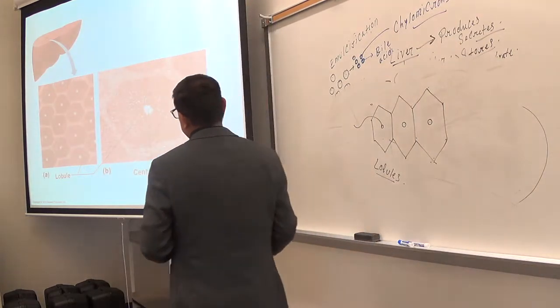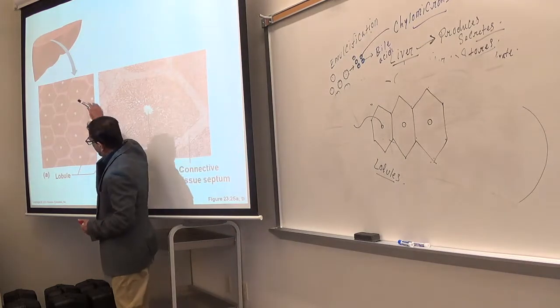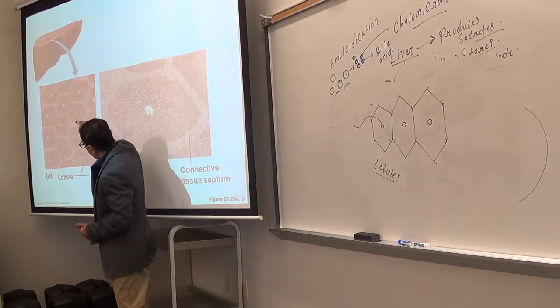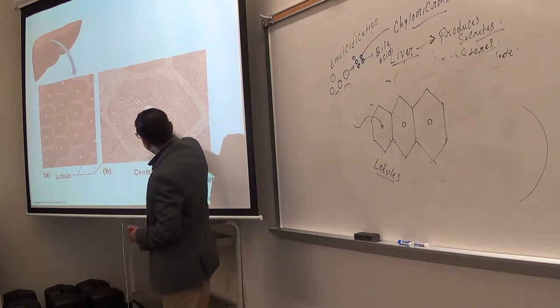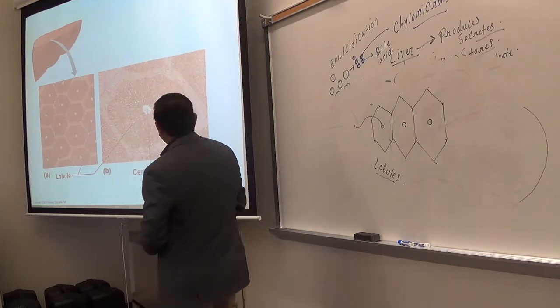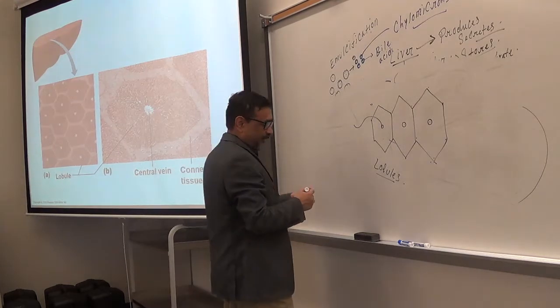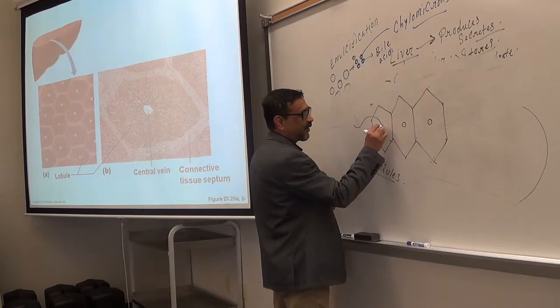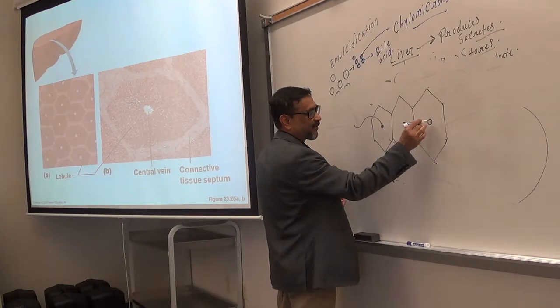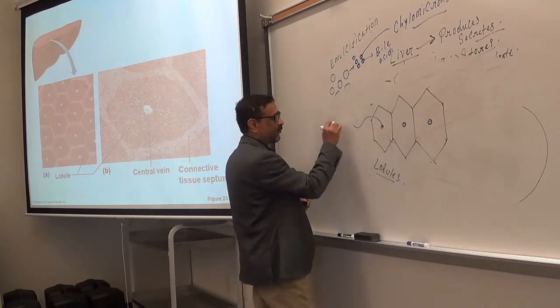So let's see here. Inside the liver, you'll see many lobules, and in the center of the lobule, you have a canal, and through this canal a vein, not an artery, a vein passes, that is called the central vein.